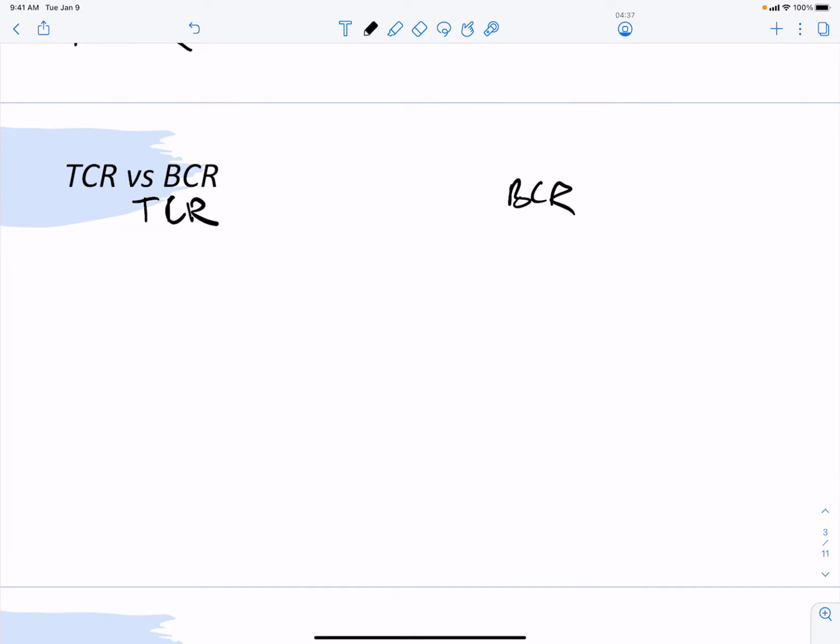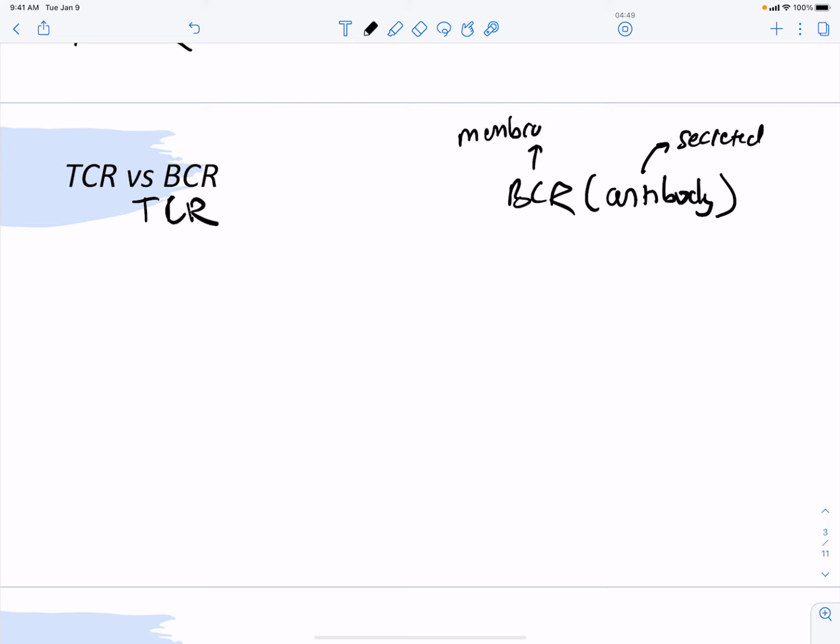A B cell receptor can become an antibody. And so this is, of course, secreted. And this is, of course, membrane bound. A T cell receptor is always membrane bound. So you do not secrete T cell receptors.